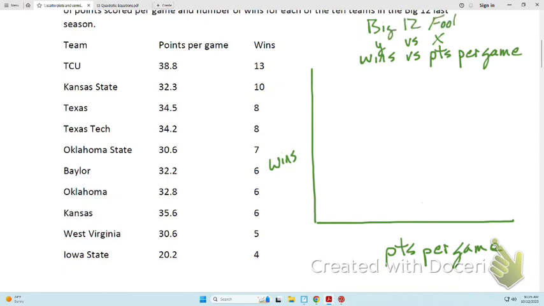But an alternate title is wins versus points per game. So one more time. Anytime you read some variable versus another variable, the first variable they list, they are calling the y, and the second variable after the versus is the x. But typically in the table, it looks totally normal. X is first and y is second. I don't know, stats just likes to be different, and there you go.